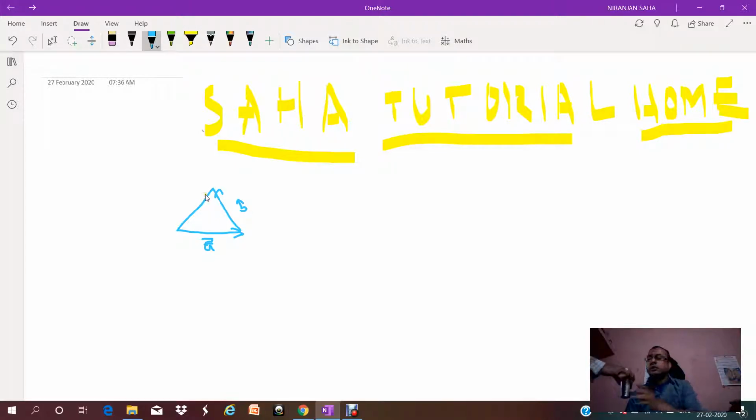If we take the reverse direction, the clockwise direction, then we will get the resultant vector, which is equal to the sum of the two vectors.